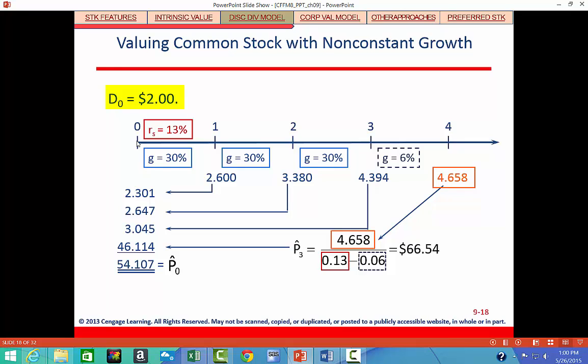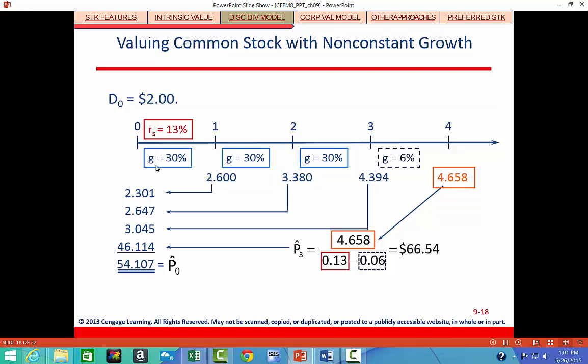I didn't mention this before, but this has already been paid, so it just doesn't go into any calculation. The only things that go into the calculation of a stock's intrinsic value is future cash flows.